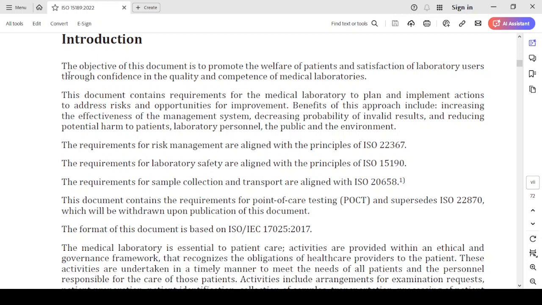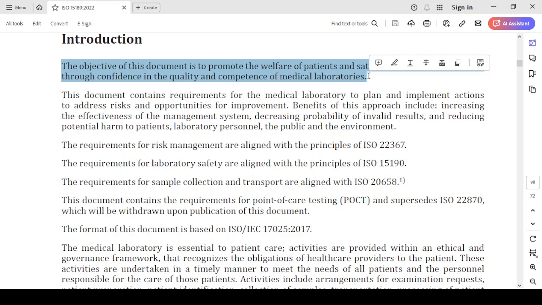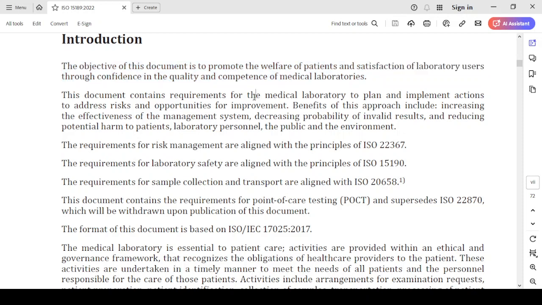So the introduction talks about the standard that you are now reading. I would like to bring your attention to the first paragraph, which says that the objective of this document is to promote the welfare of patients and satisfaction of laboratory users through confidence in your quality and competence.